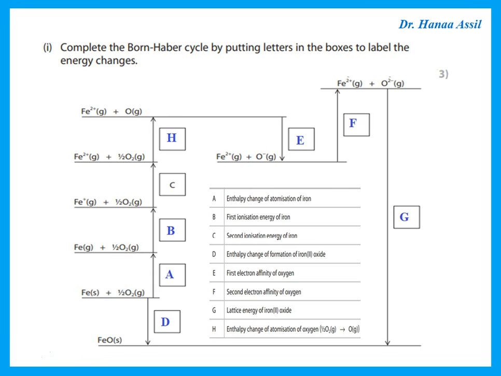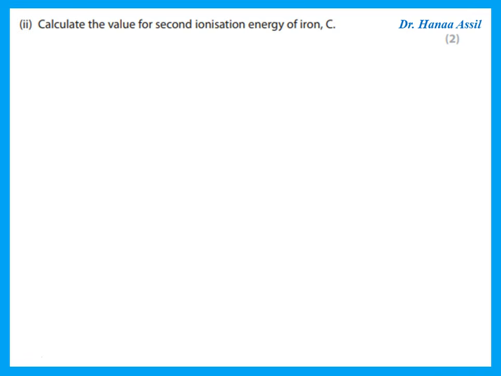E is the first electron affinity of oxygen, so changing O to O minus. F is the second electron affinity, changing O minus to O2 minus. And G is the lattice energy from gases to solid. And of course, we said D is the enthalpy change of formation of the iron 2 oxide. So these are the different energy changes.